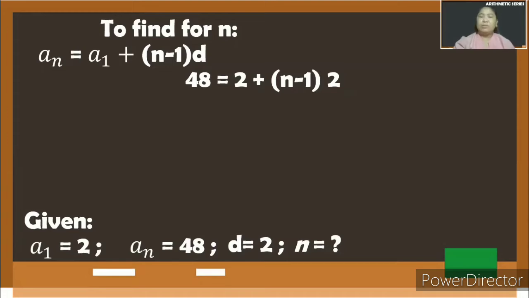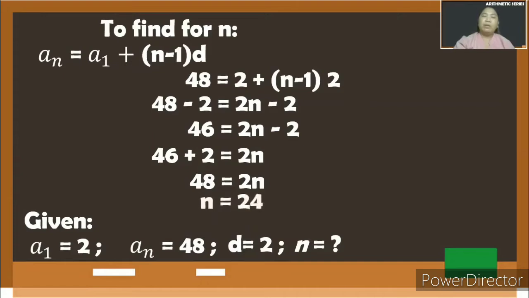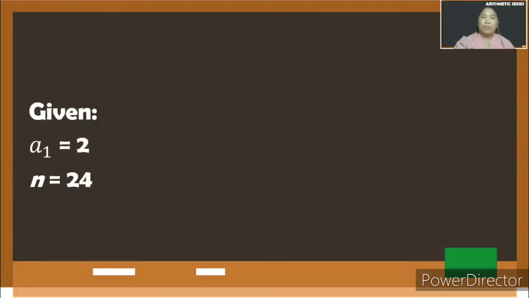Substituting, we have 48 is equal to 2 plus the quantity n minus 1 times 2. So 48 minus 2 is equal to 2n minus 2. Then we have 46 is equal to 2n minus 2. So 46 plus 2 is equal to 2n. Then 48 is equal to 2n. Therefore, by dividing 48 and 2 by 2, we get n equal to 24.